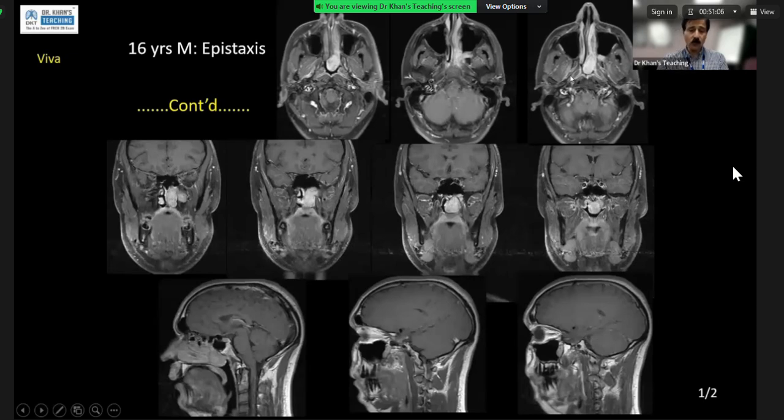You use the word nasopharyngeal space, correct? Can you reconsider this terminology? Postnasal space. Postnasal space, okay.